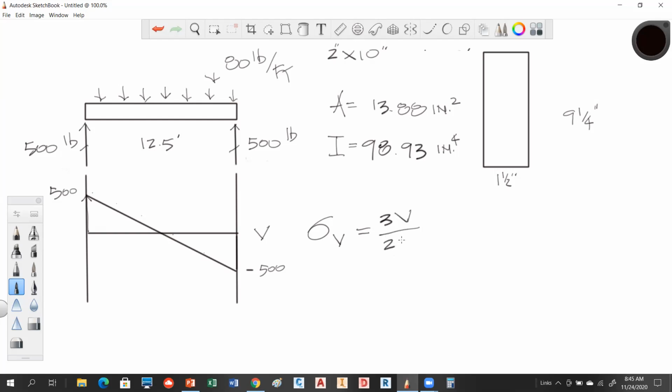V is your shear, and that would be your max shear. 500 pounds divided by 2 times area, which we just looked up in the chart. Let's see what that is.